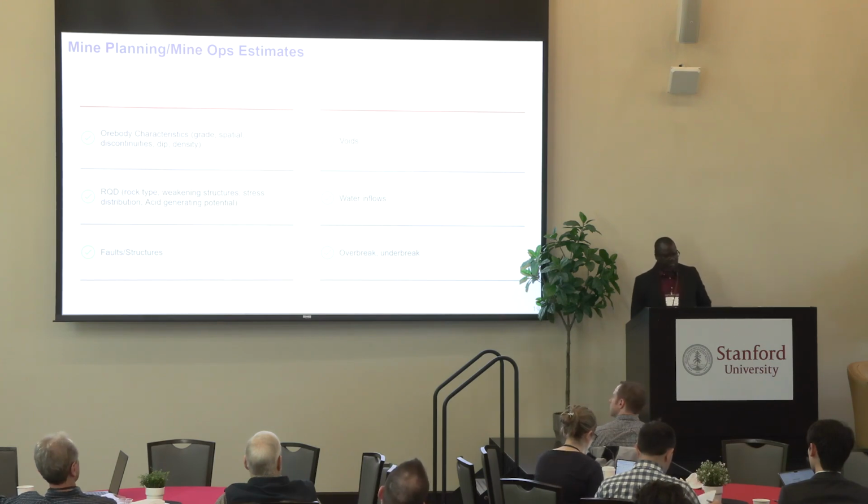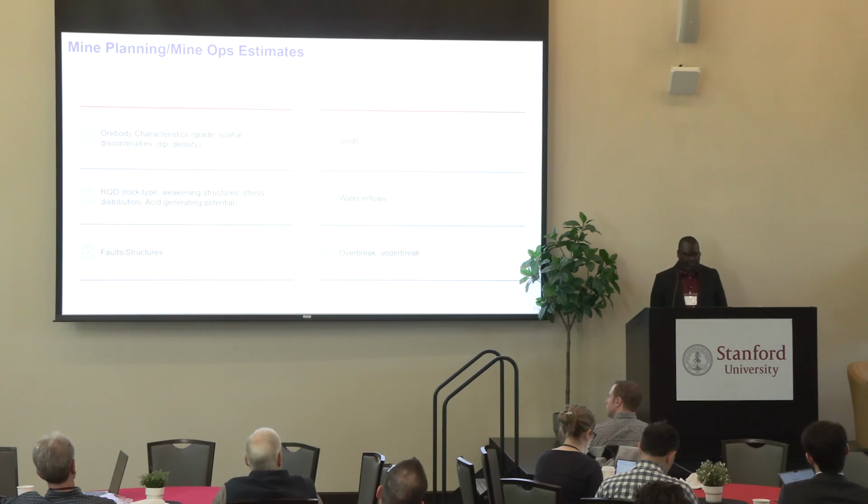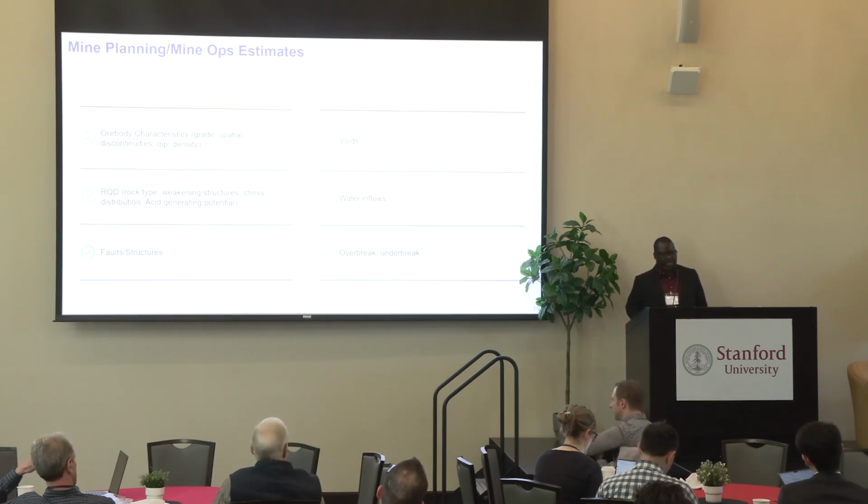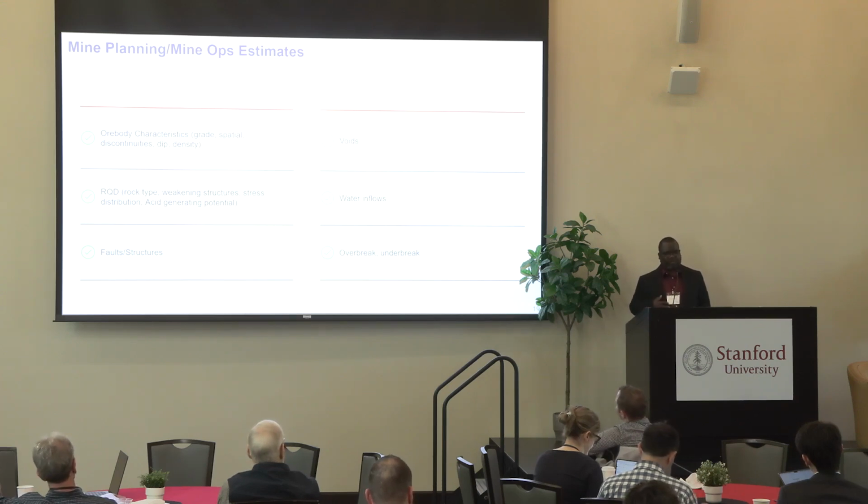We also look at things like RQD, which help us with designing ground support. We look at faults and structures, and then getting into the mine ops, looking at voids. Water inflows is a big one for us right now.